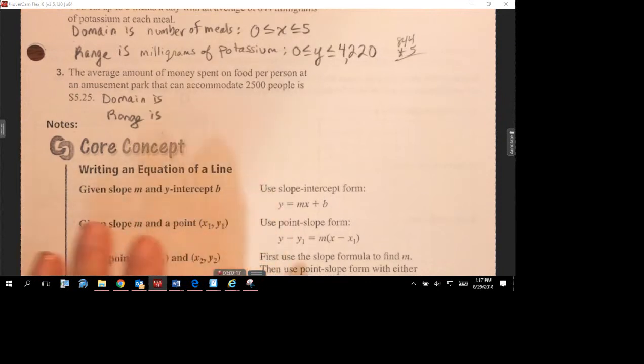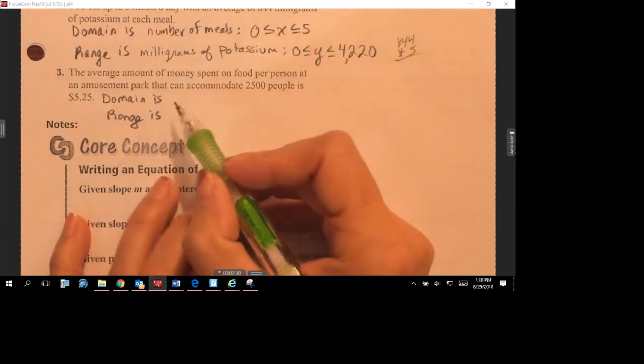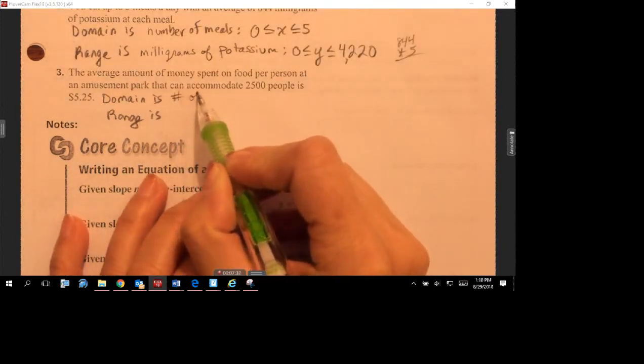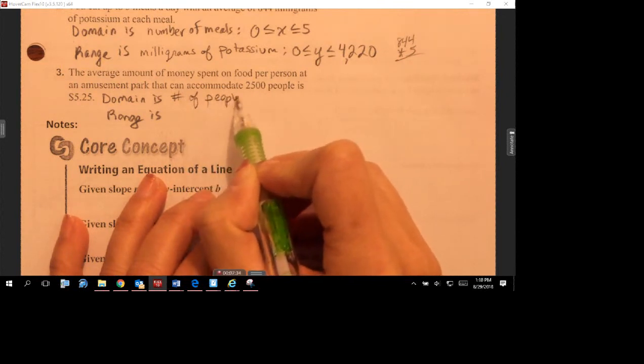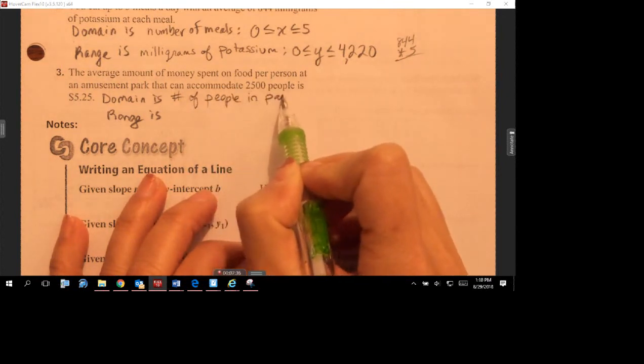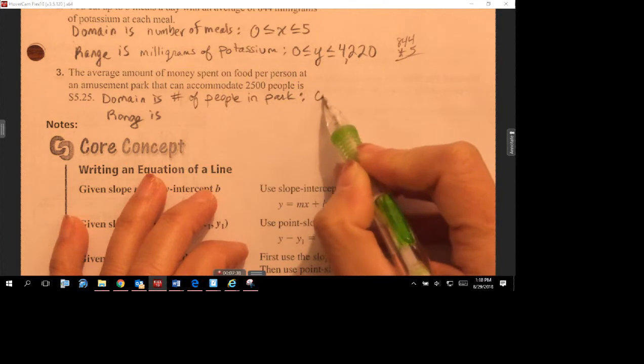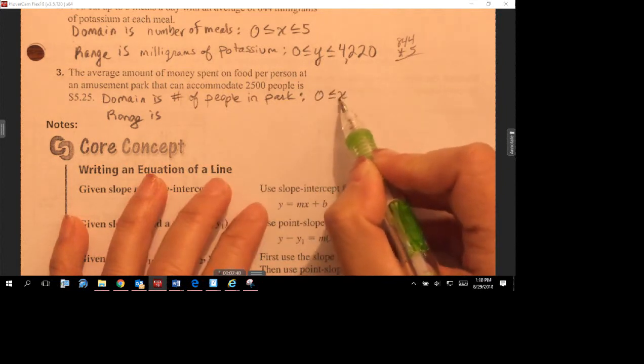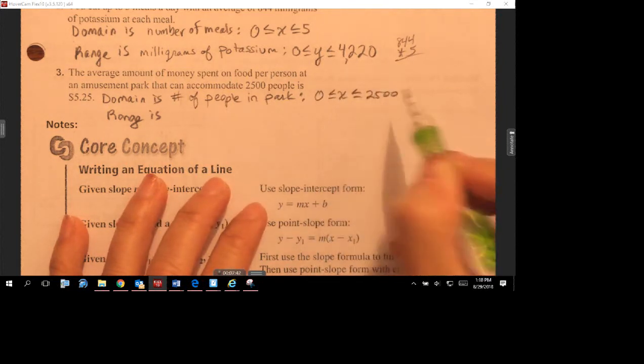And then number 3, the domain is going to be the thing that happens first. People go in the park before they spend money on food. So the domain is number of people in park, which is going to be between 0 and 2,500.